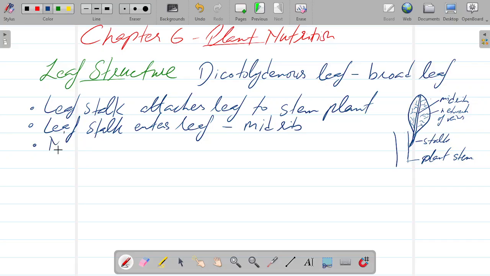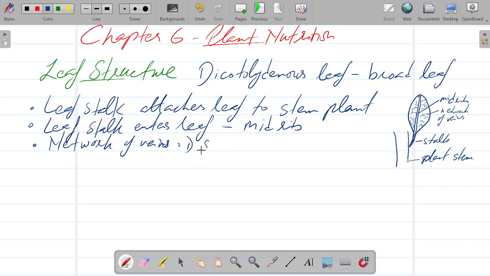So you got a network of veins, and we'll see when we look at the structure that these network of veins are responsible for a few things, right?